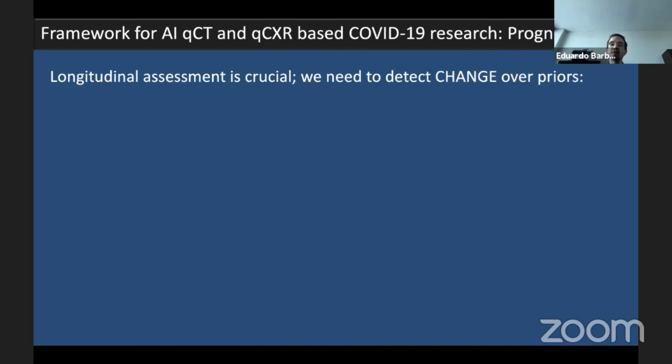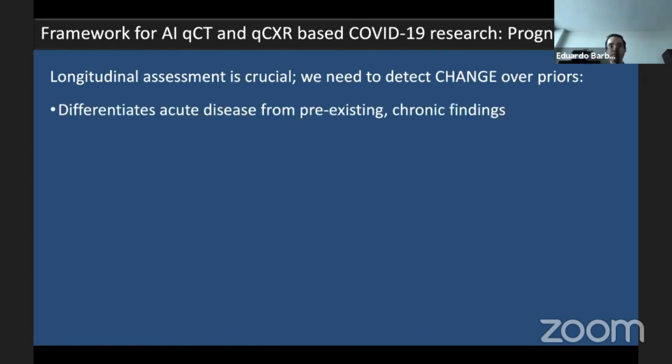So it's important to be able to look at whatever we are measuring. If we measure, for example, the burden of airspace disease, we do that in a longitudinal fashion and correlate that with other clinical and laboratory biomarkers. This approach is important because it differentiates acute disease from pre-existing chronic findings.